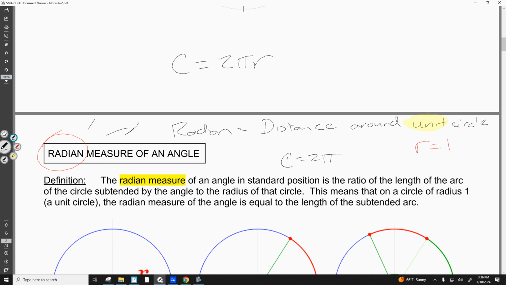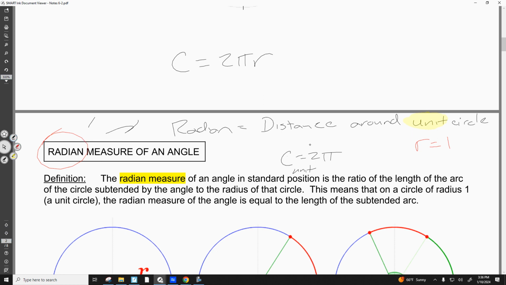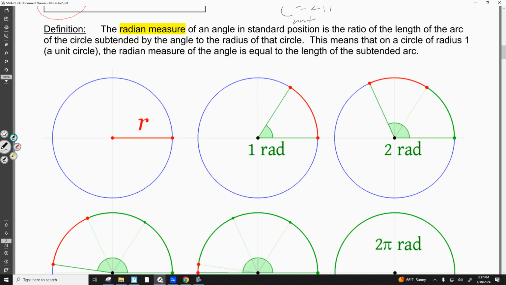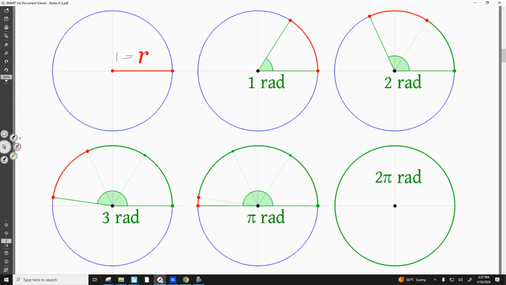Circumference of a unit circle, 2 pi, which means if you have a circle with radius of 1 and you go all the way around your circle, 360 degrees, which you're comfortable with, you're going to have to equate to being 2 pi radians.